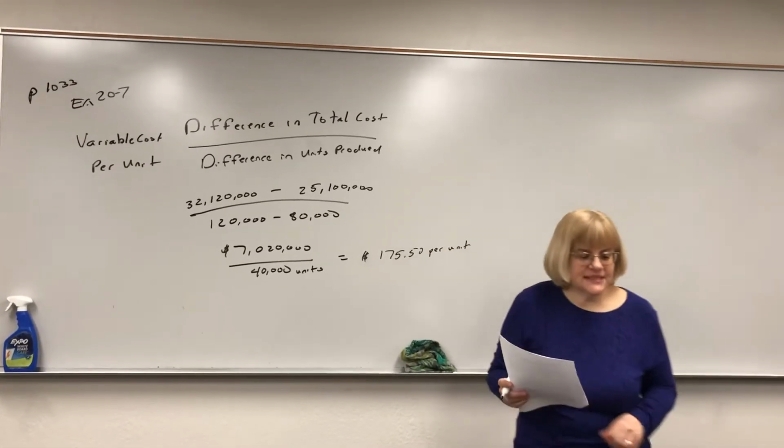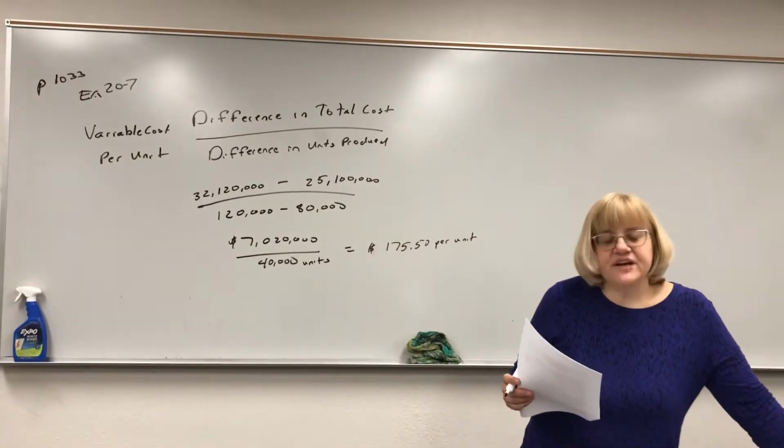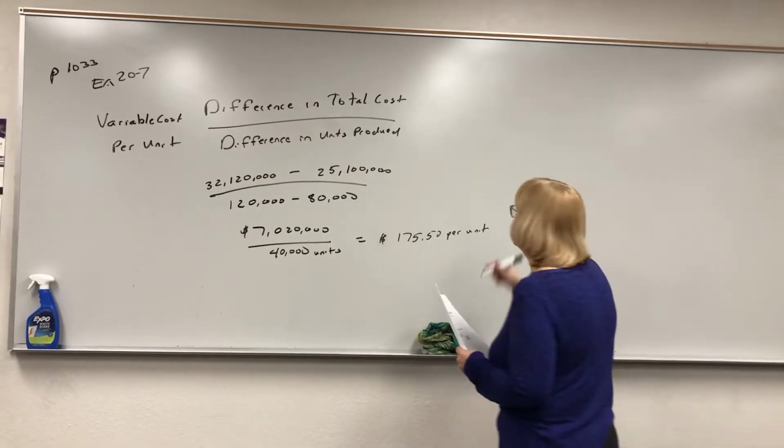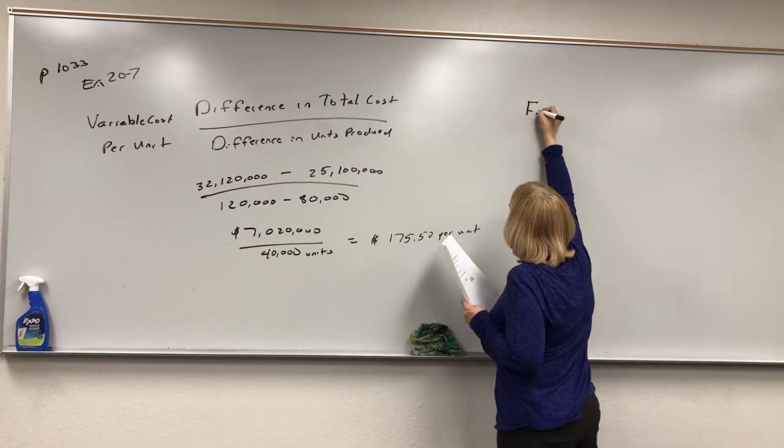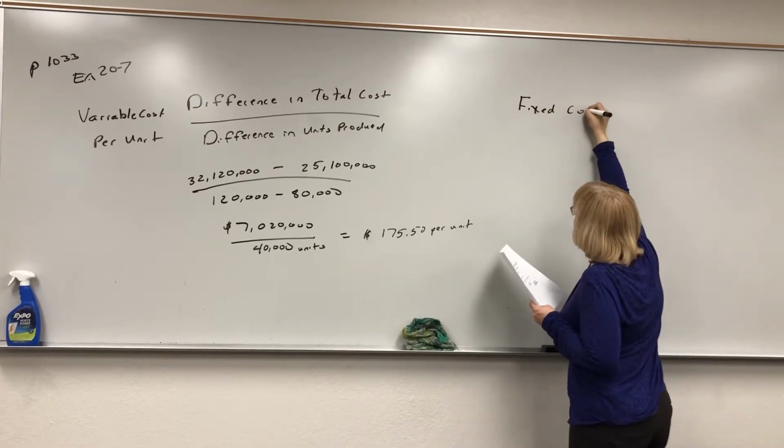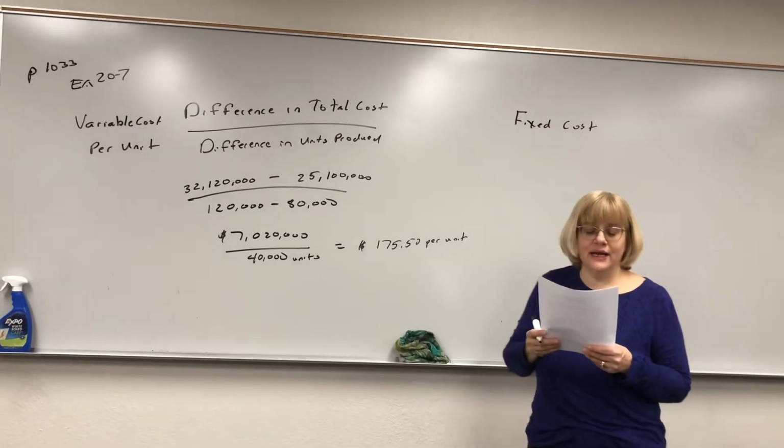Okay, and then the other thing it asked us to do was get the fixed cost. So to get the fixed cost, once you found the variable, you plug it in.